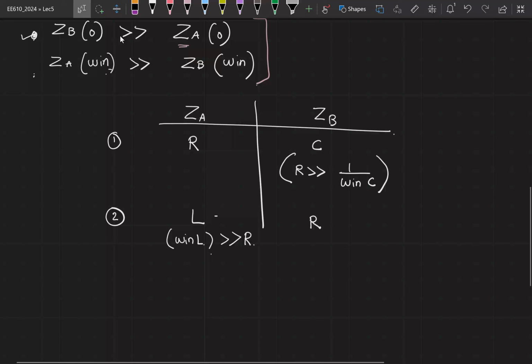Now if I can use an R and C, and an R and L, I can also use an L and a C, right?